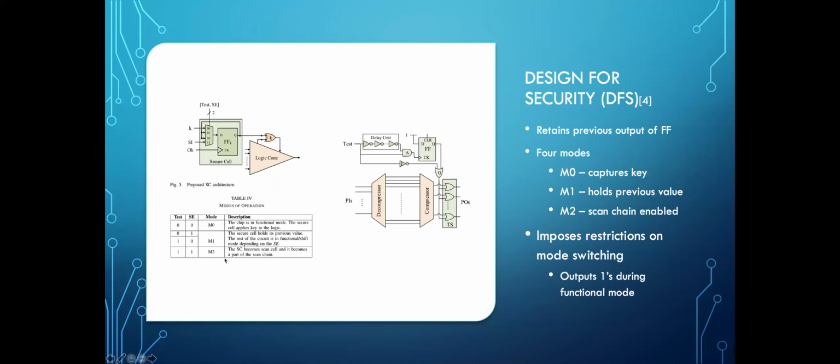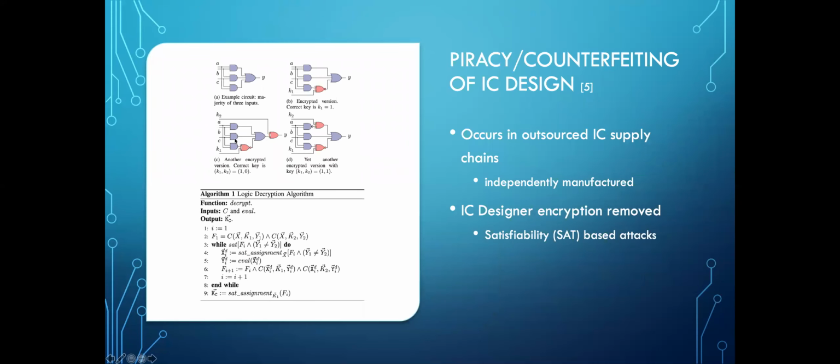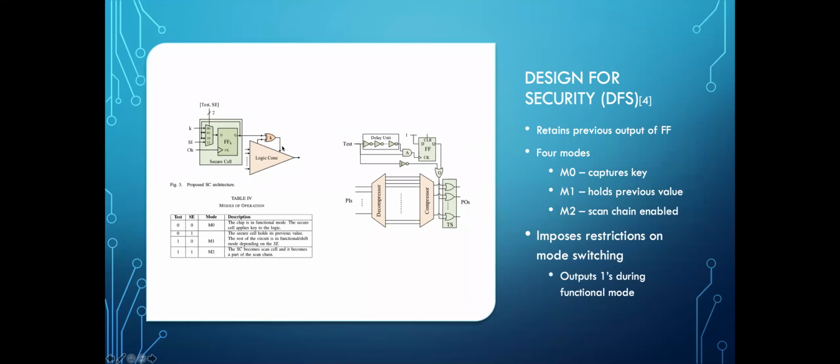There are 3 modes here. The mode that's used by the scan chain is mode 2, where the test generation tools are used to load these logic cones, basically combinational components. So think of this as a logic cone. These are filled with test inputs, and that is done in mode 2.